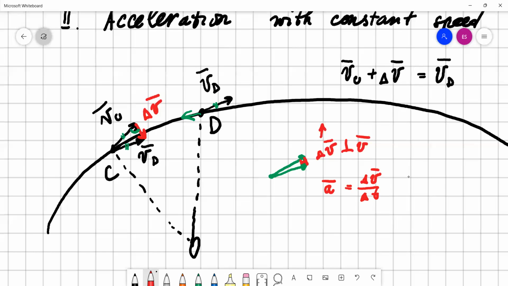I'm going to label: acceleration is parallel to the change of velocity. So it means that acceleration in the motion with constant speed is going to be perpendicular to velocity and point toward the center of motion. You see? Okay. You can answer the rest of the questions on your own, but I want you just to understand the ideas they're asking.